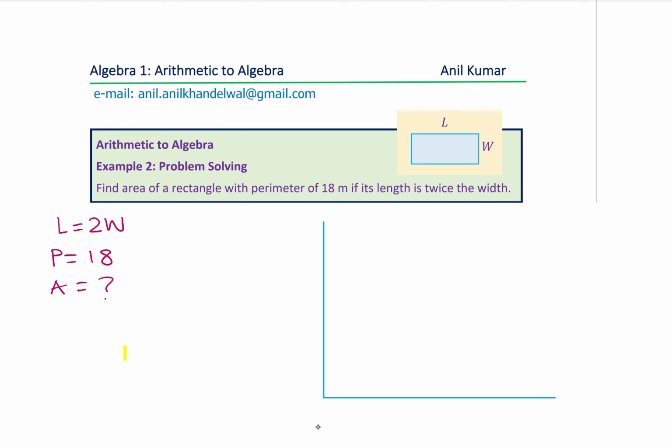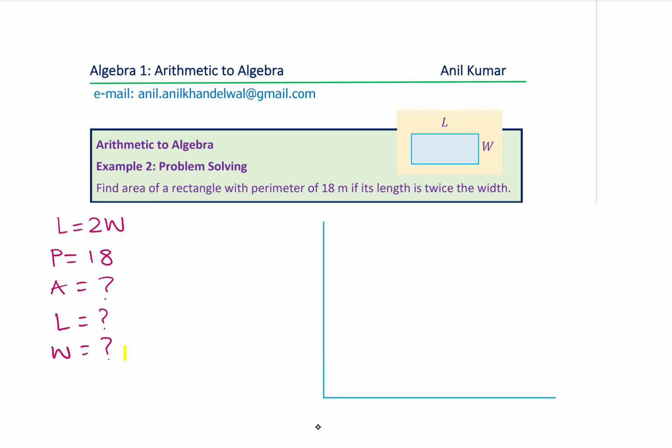And that is, we need to find both length and width. We know that length is twice the width. That means width is the thing which we need to find. Okay. Now, how can we do this using a graph? Here we have coordinate axis.